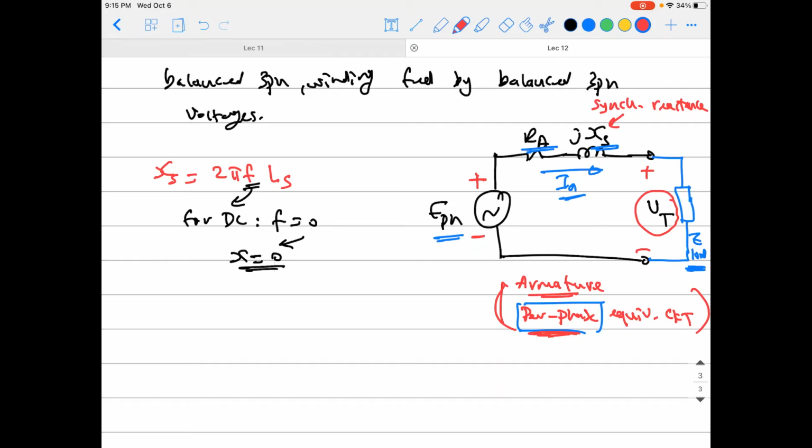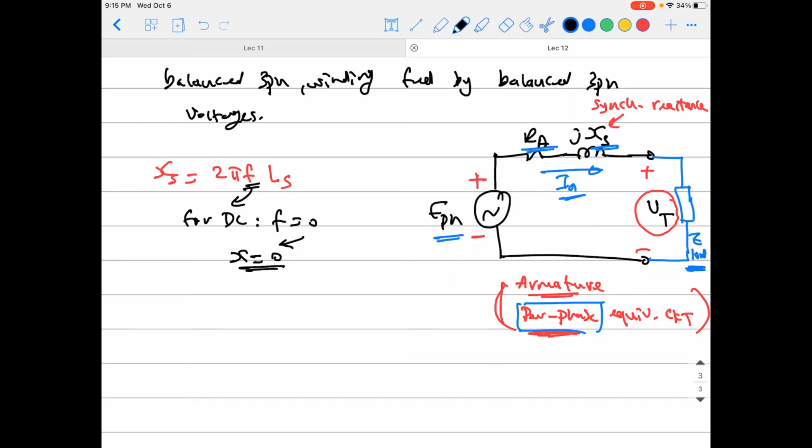That's why I'm emphasizing this so much, because it is the source of most of the mistakes we make when solving these circuits: you all the time forget that everything here is in phase quantities. Nothing here is line-to-line or three-phase quantities. They are all single-phase quantities. Okay, guys?